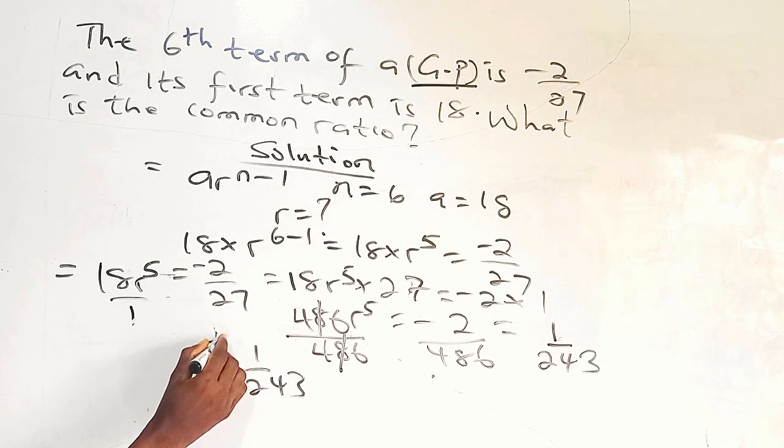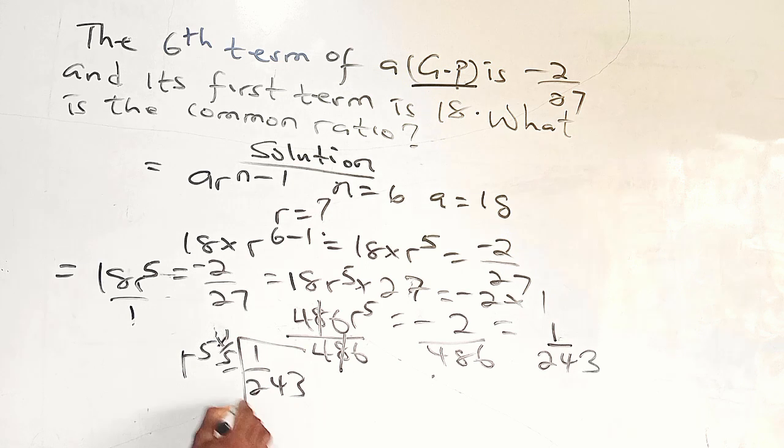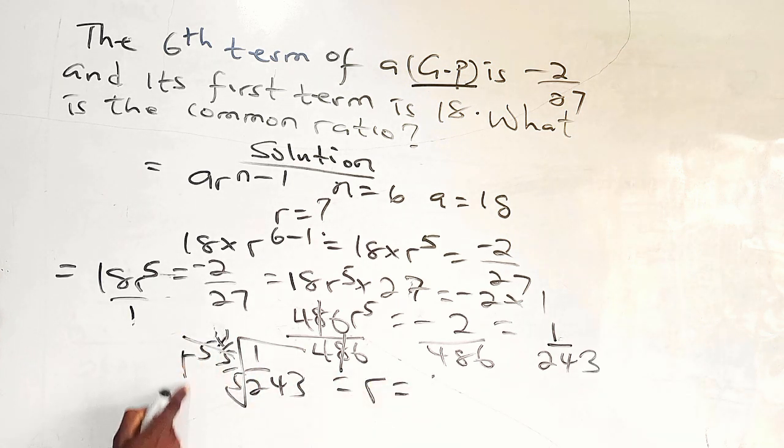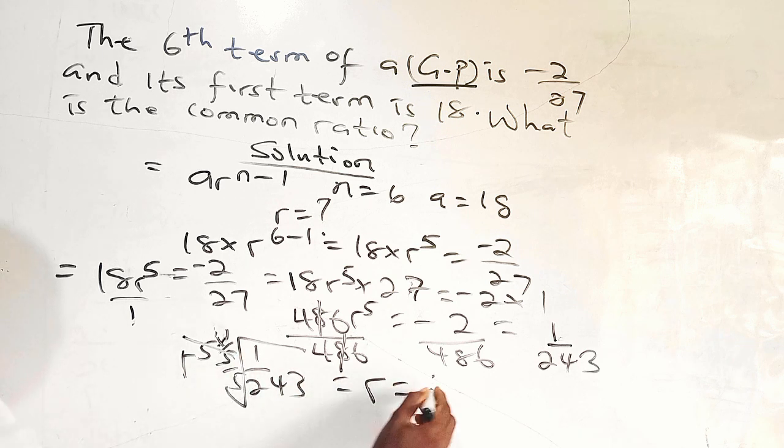Okay? We look for the fifth root of both sides. Okay, so this can easily go. We have our r left. So the fifth root of 1 is still 1, minus 1, and of 243 is, so meaning what can you multiply together 5 times to get 243? So that is 3.